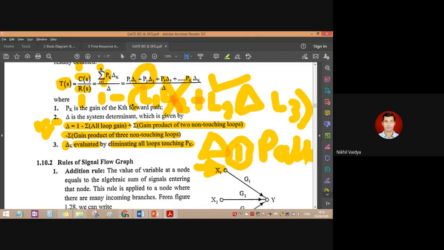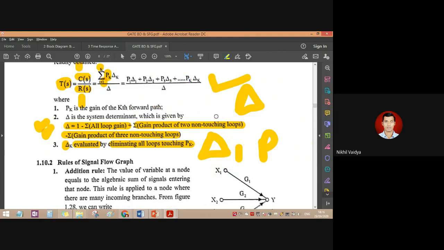So this particular term will become 0 while calculating delta 1. If L3 is also touching, we will write it as 0. So when we are calculating delta 1, we have to write 0 in the delta function.